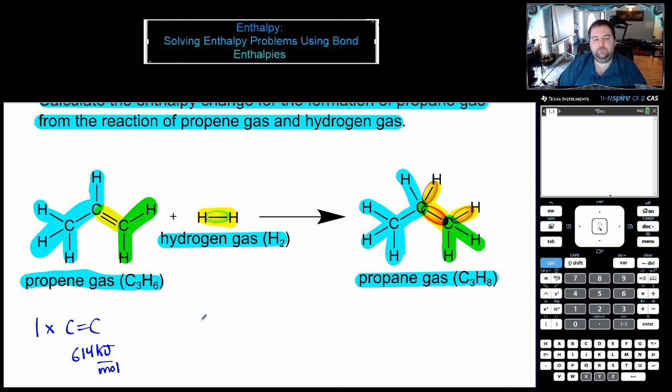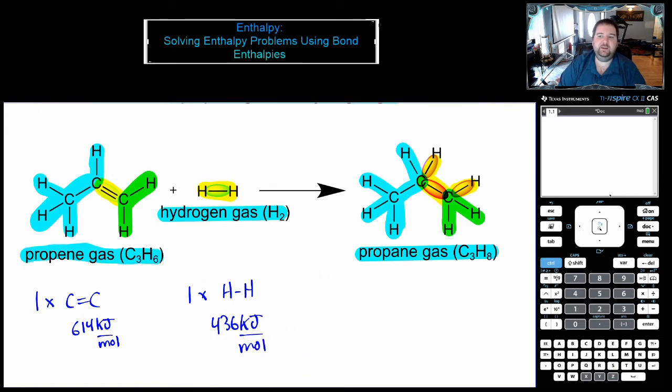We also need to break 1 hydrogen-hydrogen bond. And so let's go ahead and do that. Well, each hydrogen-hydrogen single bond has a bond dissociation energy of 436 kilojoules per mole. And what are we going to have to form?